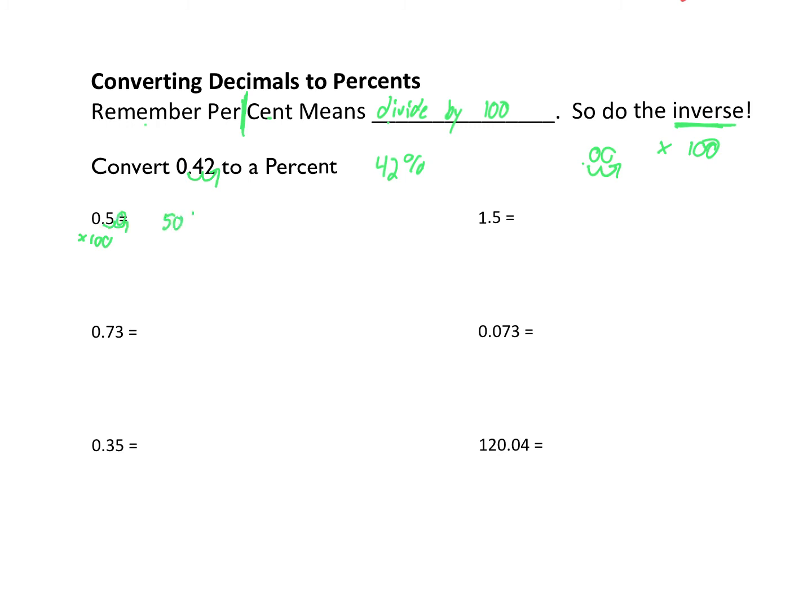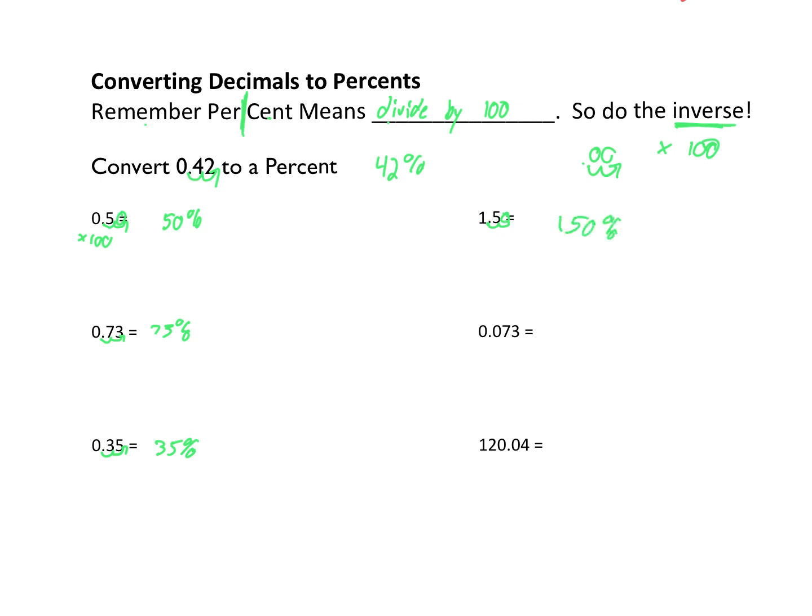So that's 50%. 73 hundredths times 100 is 73%. 35 hundredths times 100 is 35%. 1 and 5/10 times 100, got to annex a 0 again. It's 150%.